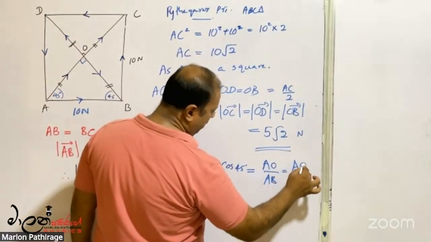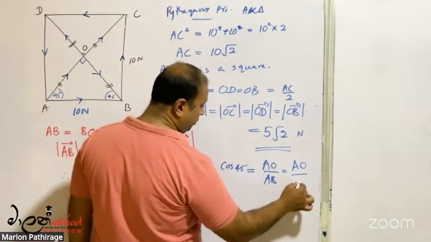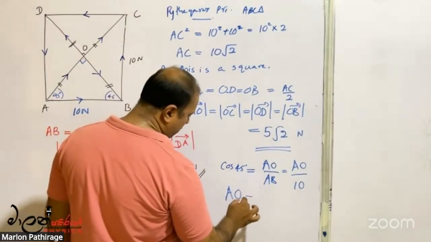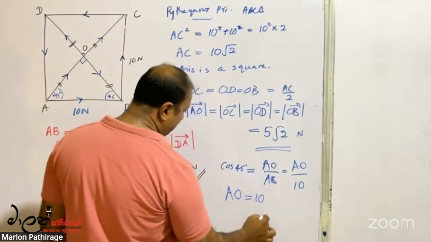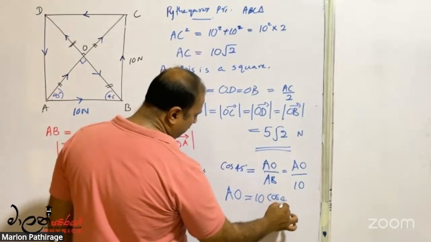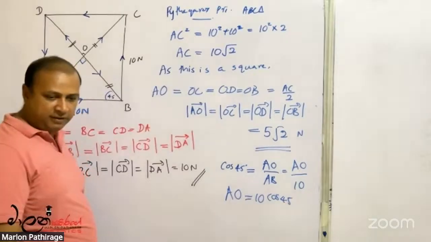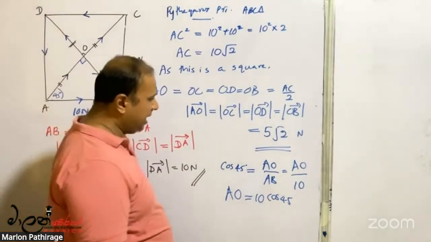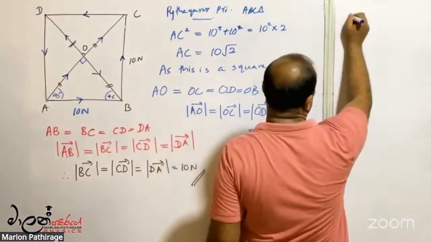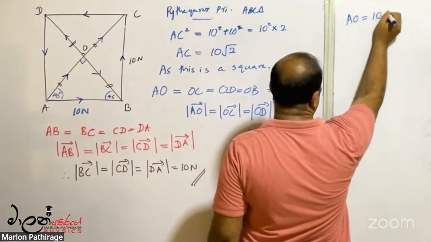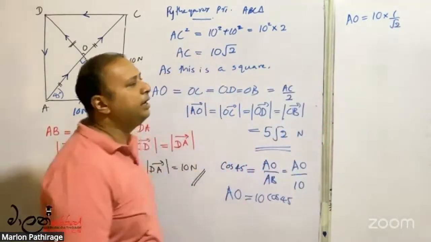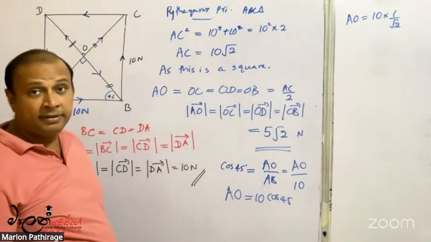Hypotenuse means 10 Newton. Therefore, AO is equal to 10 cos 45. Cos 45 means 1 over root 2. Therefore, AO is equal to 10 into 1 over root 2.